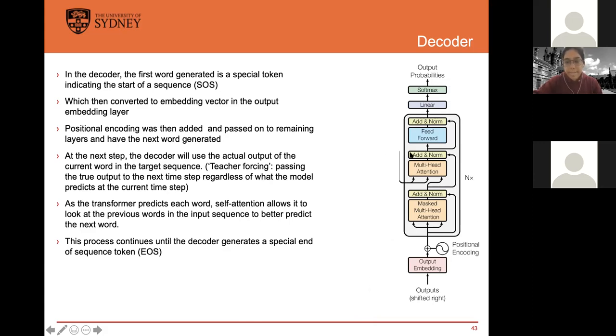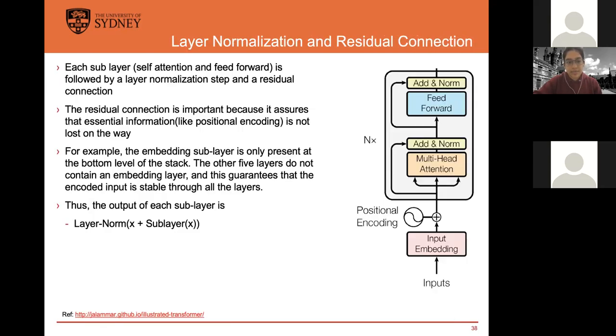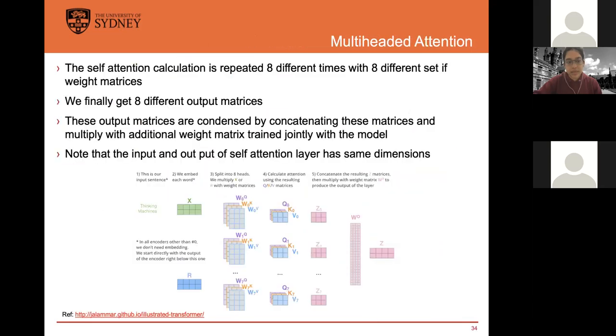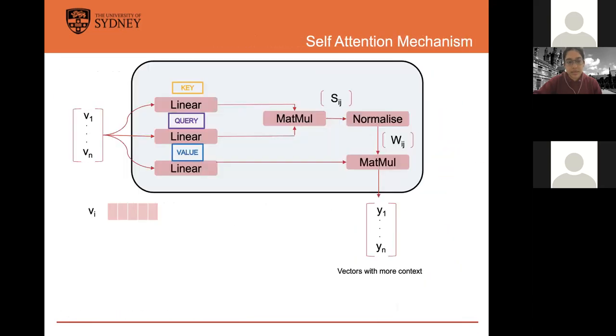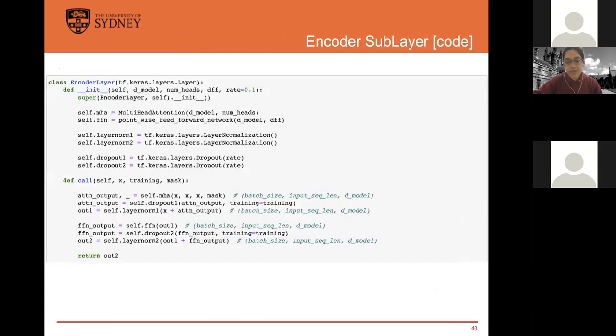Once it generates a word, for the next step the decoder will use the actual output of the current word in the target sequence. Let's consider the same example, "the tree bark is rough".